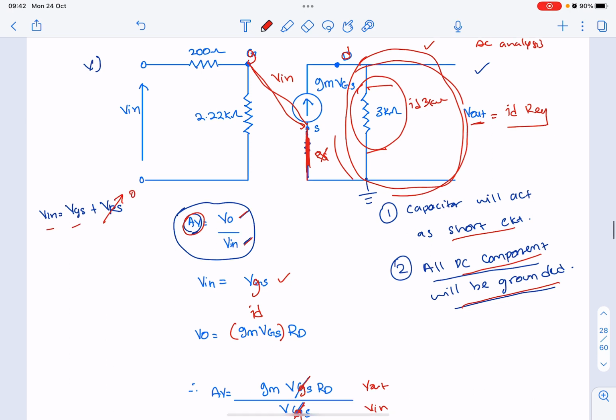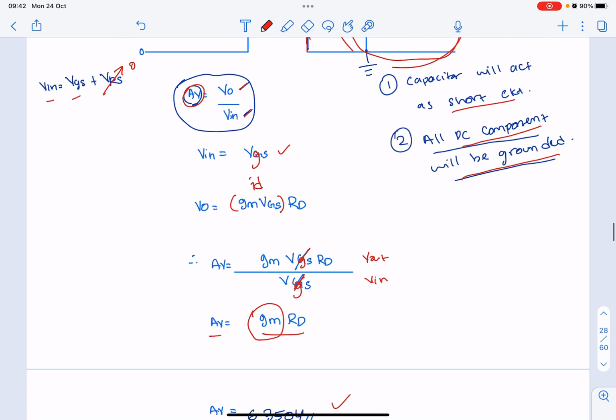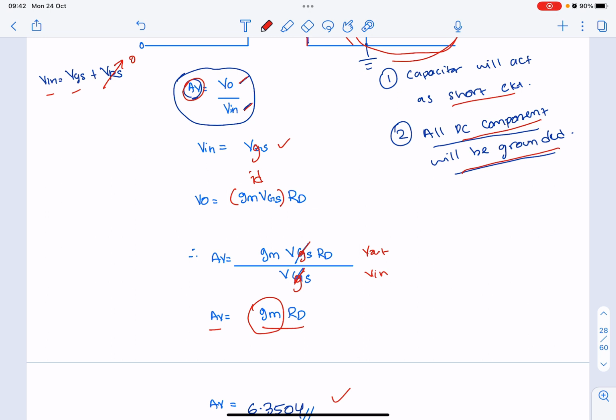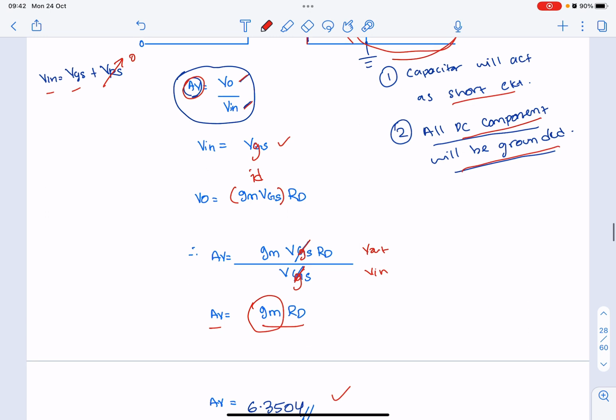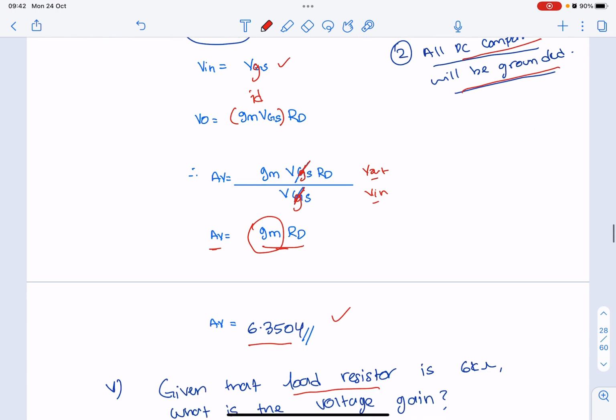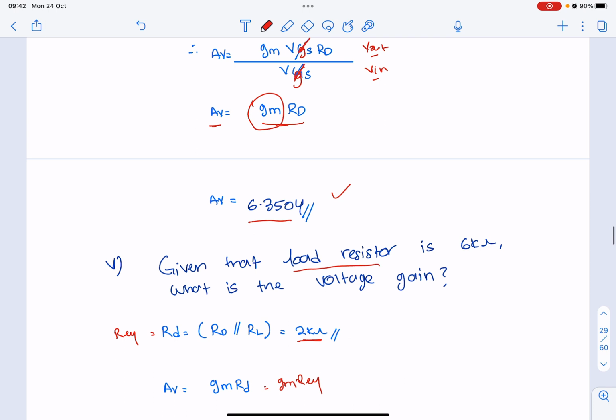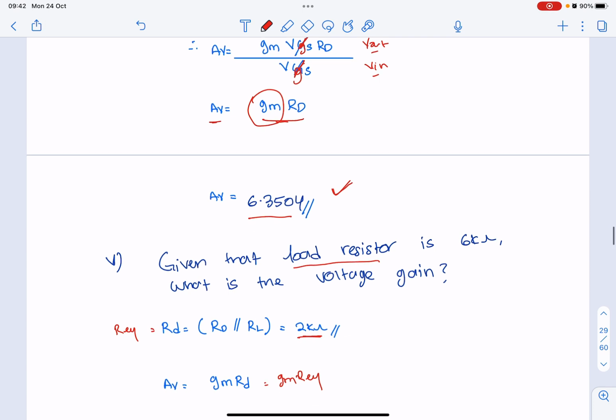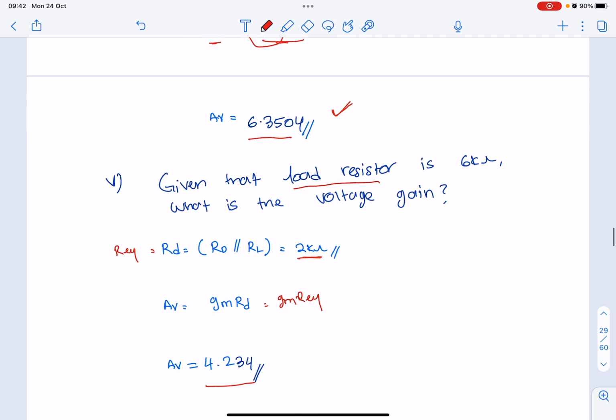That's why Vin equal to VGS. So substitute the equation: V out divided by Vin, and then VGS will be cancelled. So AV is equal to GM RD. At this point, you can calculate your voltage gain, which is 6.3504.